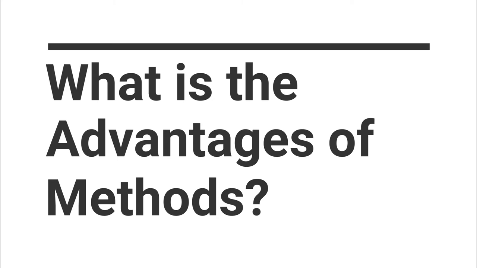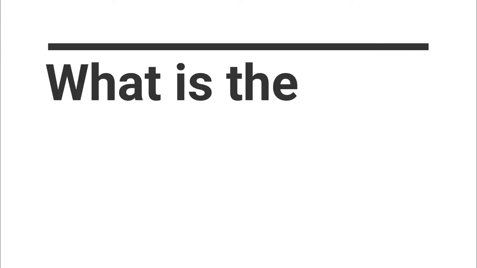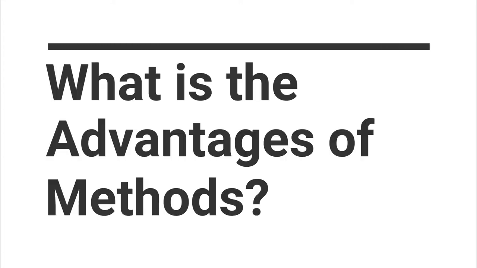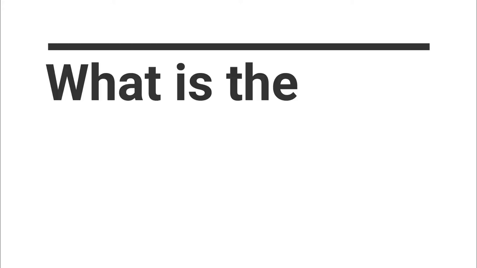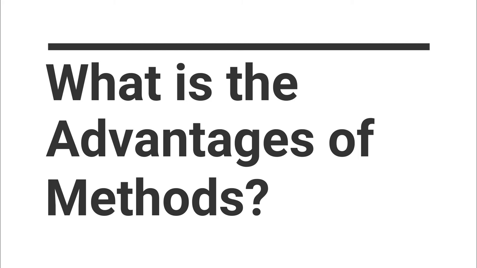Just use the name of the function and you will be able to run that particular code. So you need not write the code again and again to do the same task. It's very helpful and it really reduces the code.